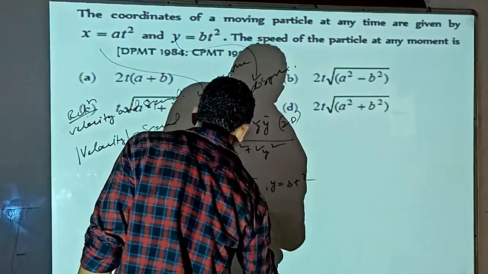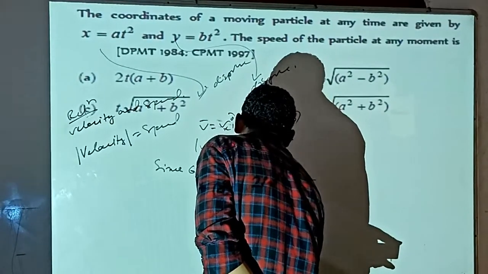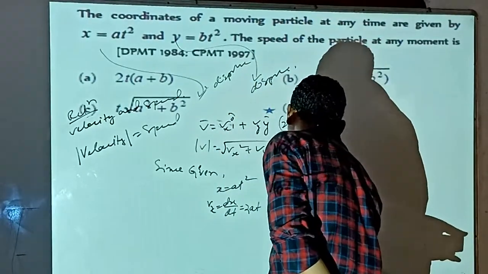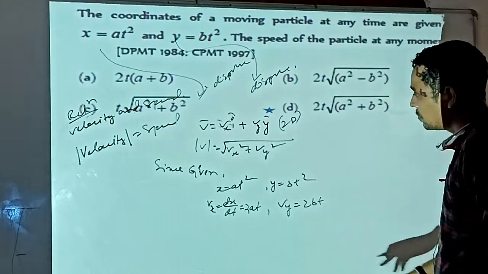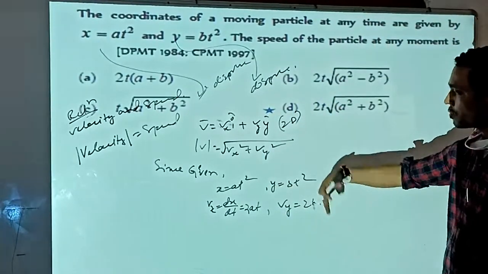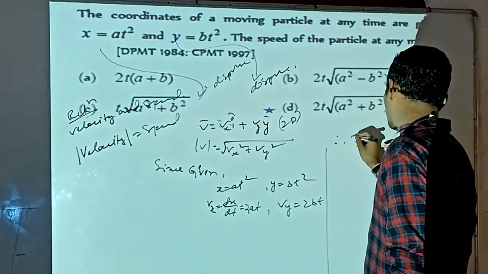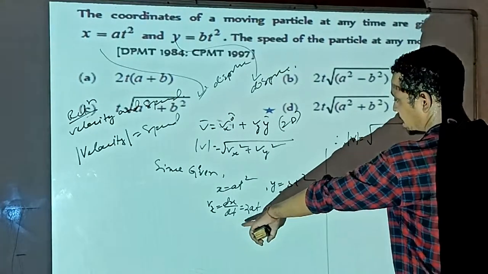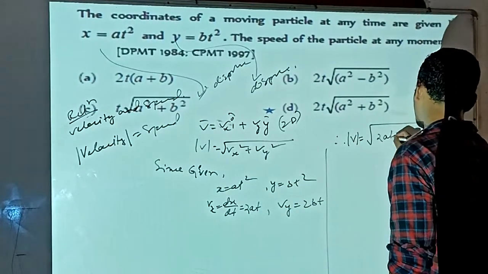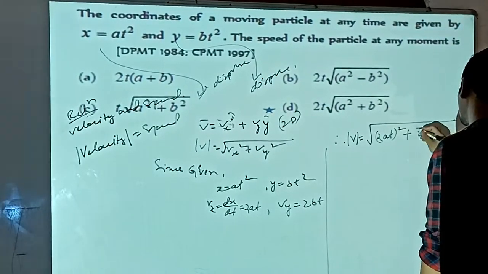dx/dt, there will be twice at, and vy will be twice bt, okay? So now you have the values of vx and vy, and you square them. Therefore speed will be root over twice at whole square plus twice bt whole square.